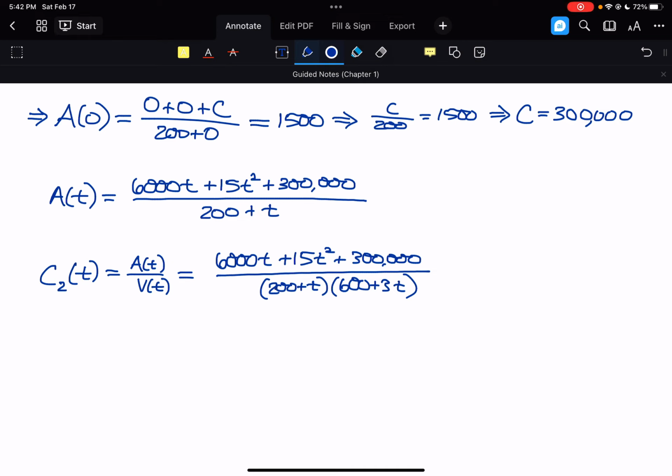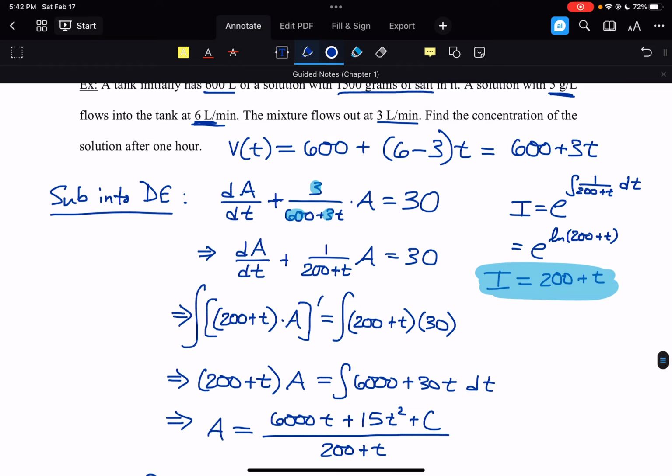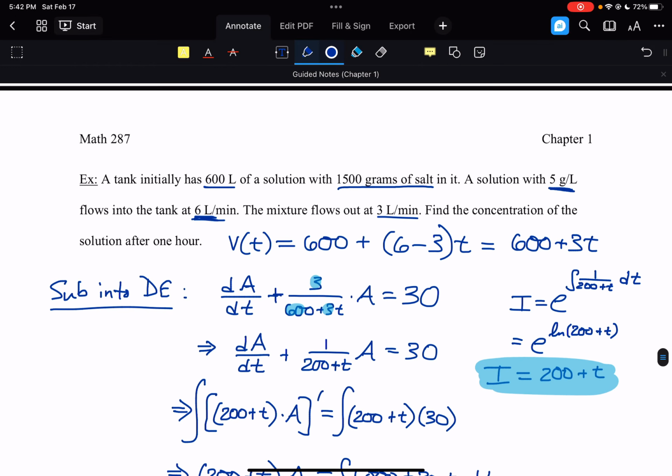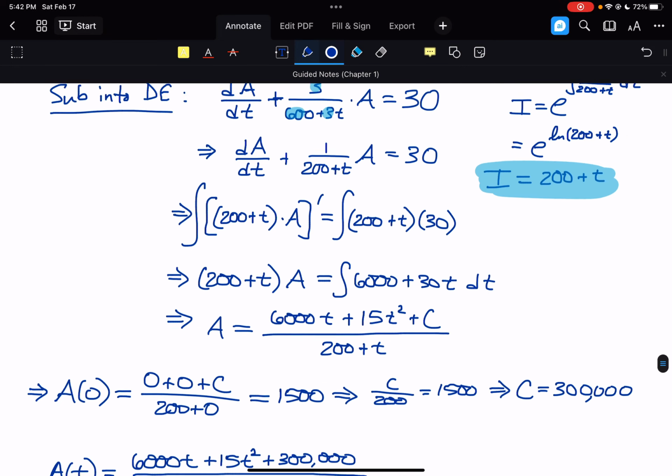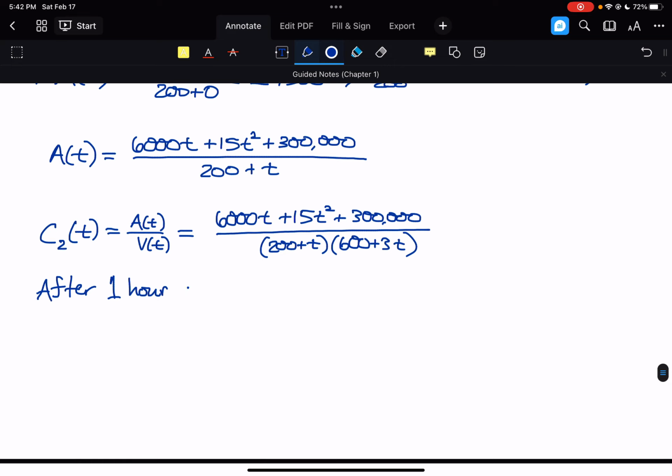So this is the general formula for that concentration at time t, and we want it specifically after 1 hour. But remember, everything in here has been put in terms of minutes. So we need to use t equals 60 minutes instead of t equals 1.